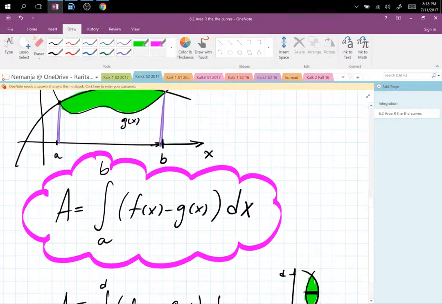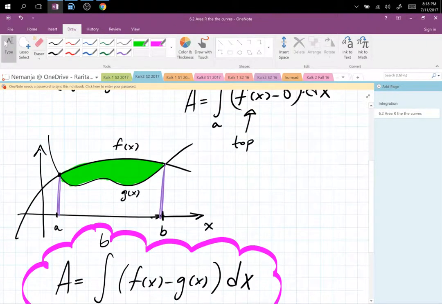What is important, I'll go back to the x first, is that if you draw the representative rectangle, the top always slides on one function from a to b, and the bottom slides on the other function from a to b. And if you have these functions like this, clearly dx will not work.